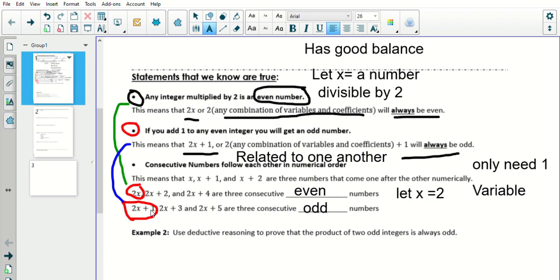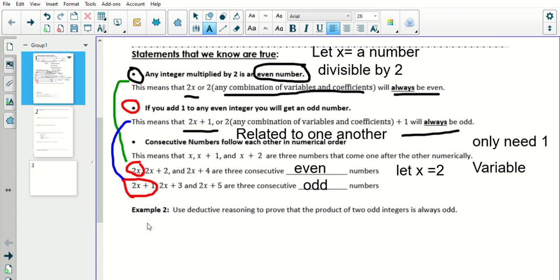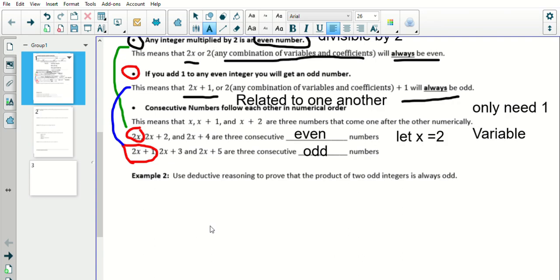All right? So let's try and put this into perspective of using an algebraic proof. And I always would say, as a physics teacher, it's probably the best idea to break something down. Let's break down the problem. Let's pick out some key words in this sentence.